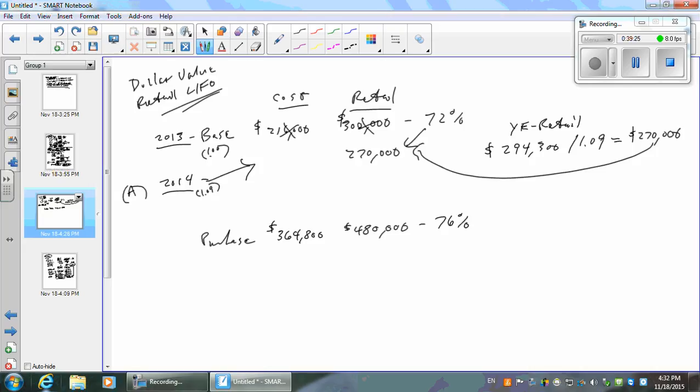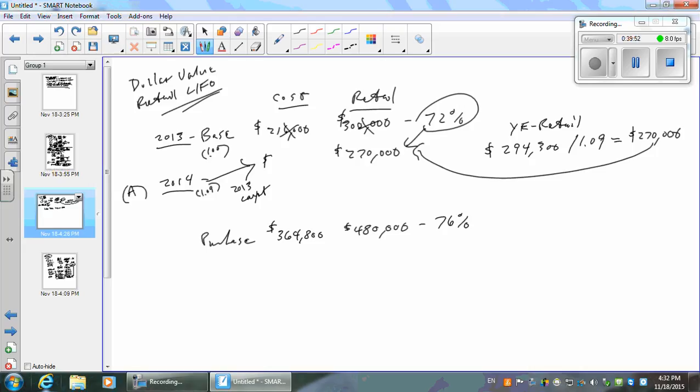That's from the 2013 layer, isn't it? And I am not going to reinflate it because it's from the 2013 layer. What's the index for 2013? 1.0, so it's 270 times 1.0, right? It's the base layer. Times what? 72%. So what's 270 times 72%?